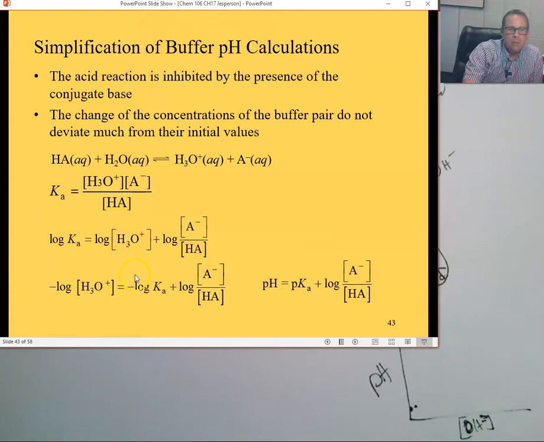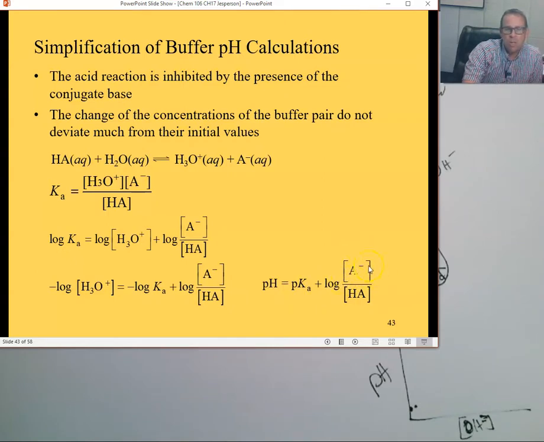The negative log of Ka, again, the negative log just takes the P, gives us this value called pKa. We'll talk about what pKa means. But we have a new equation here called the Henderson-Hasselbalch equation, where we can identify the pH of a solution if I know the pKa of the acid that I'm dissolving in that solution, and I know the concentration of its conjugate base.